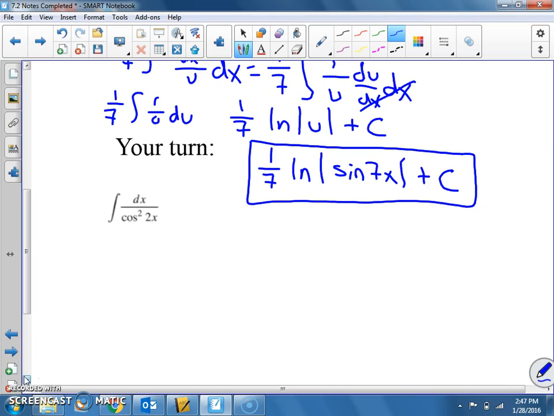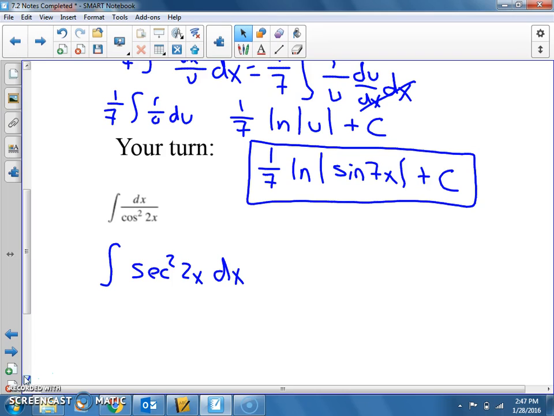So if I rewrote this as the integral of secant squared of 2x dx, could you guys figure out what's going to be a little easier here? What has a derivative of secant squared? And tangent.